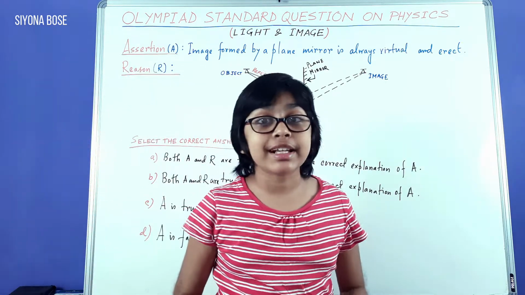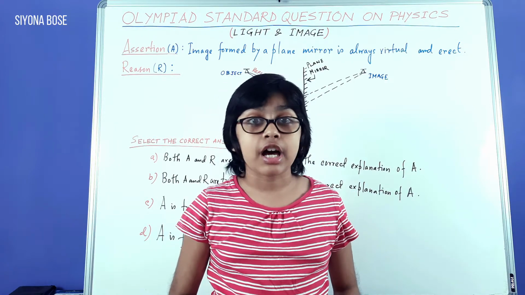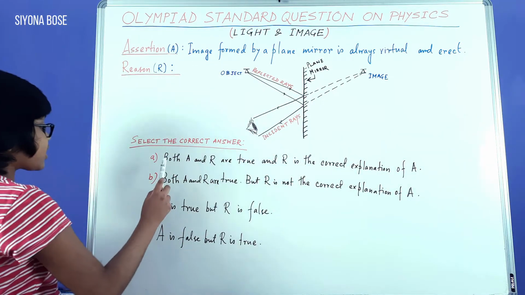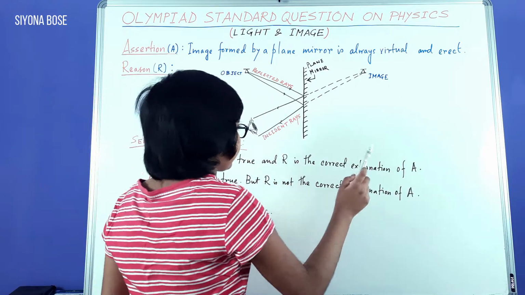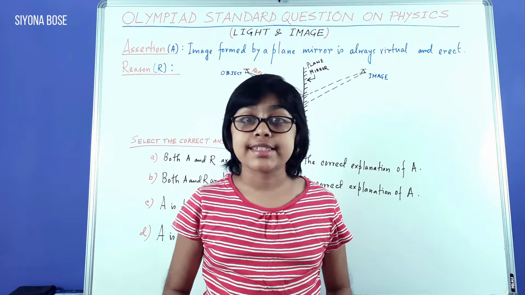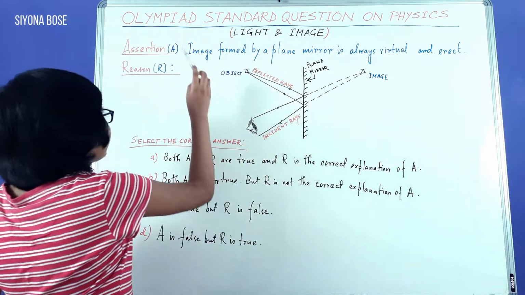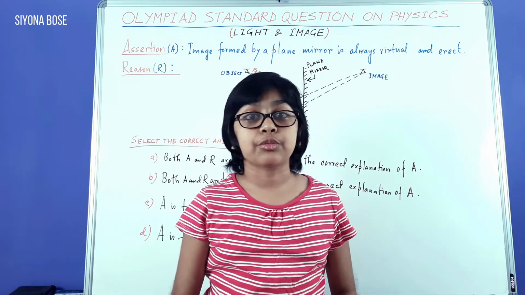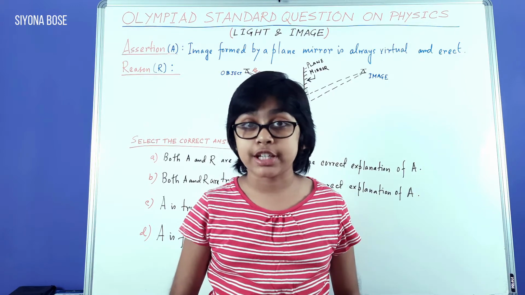In assertion reasoning type questions, a few options are given, and I'm going to explain them now. The first option is both A and R are true, and R is the correct explanation of A. This means the reason R is true, the assertion is true, and the reason is totally related to A and is the correct explanation.